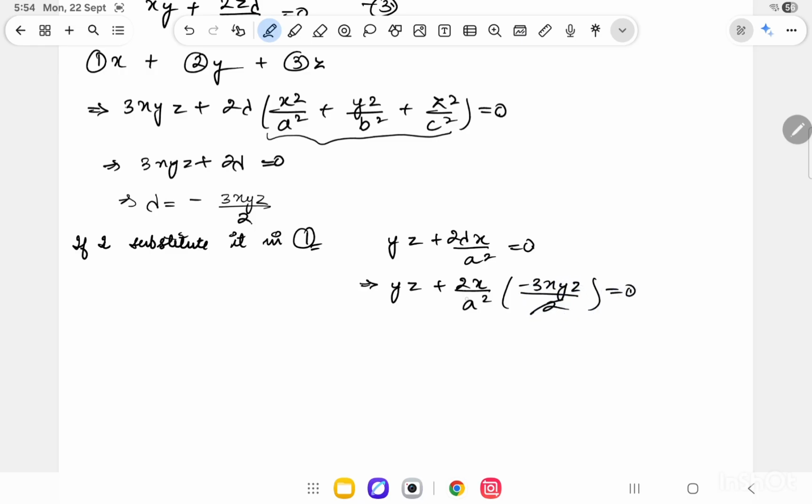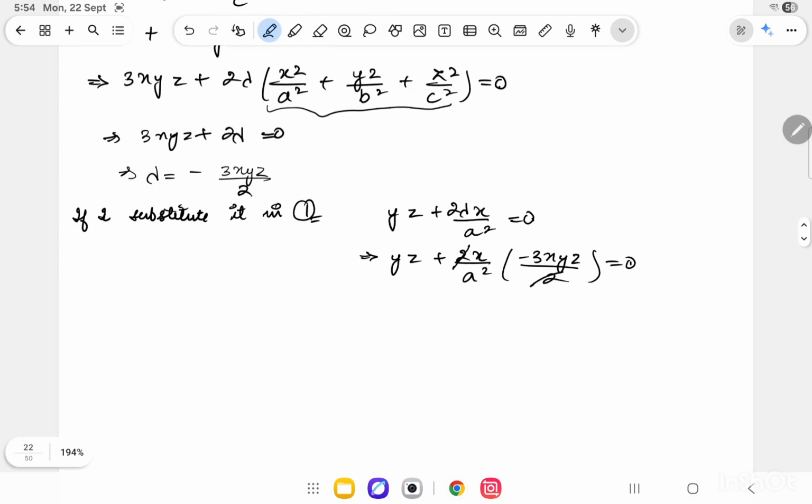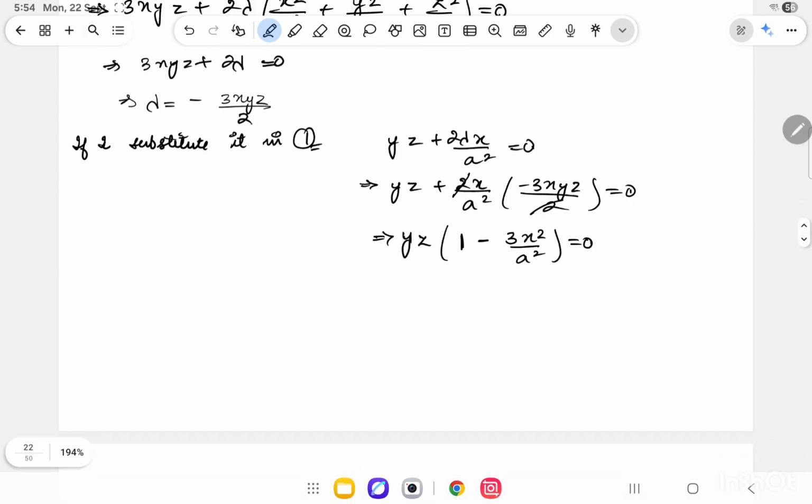This 2 cancels the other 2, and I can take yz common throughout, so that gives me yz into 1 minus 3x square by a square equals 0. If I solve it, either I'll get y equals 0, or z equals 0, or this term equals 0.